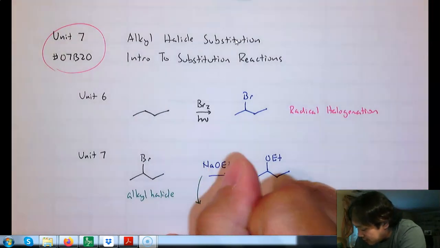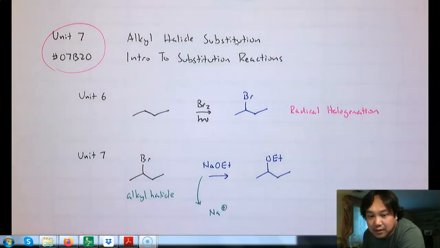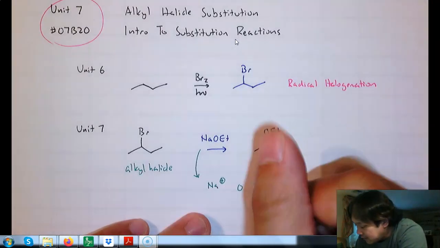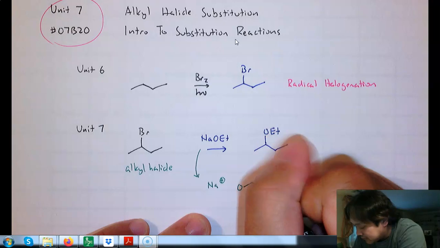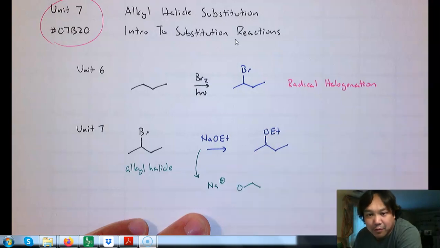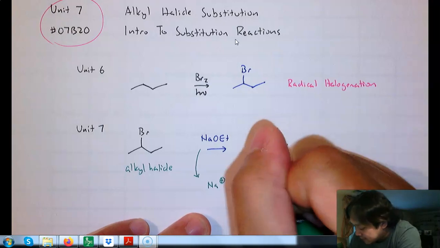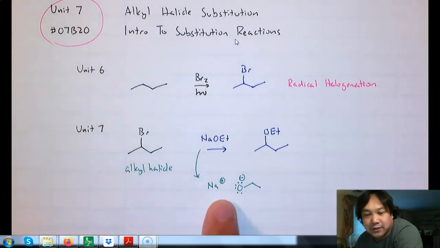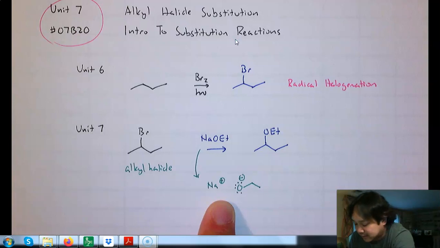And we have Na plus and OEt. Et stands for ethyl, and if you want to draw the line structure, it's just like that. But even more importantly, or just as important, is that this oxygen is negative. So you know that a salt, in a lot of cases, is a positive ion and a negative ion.